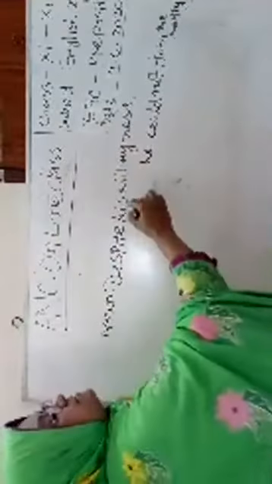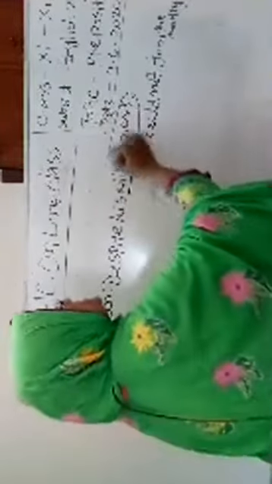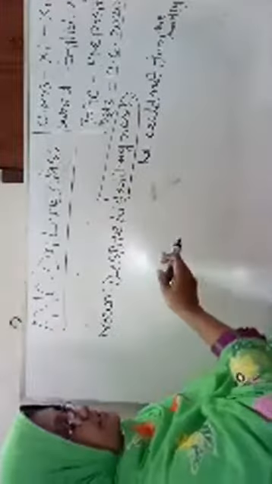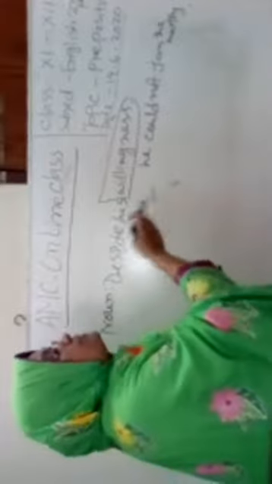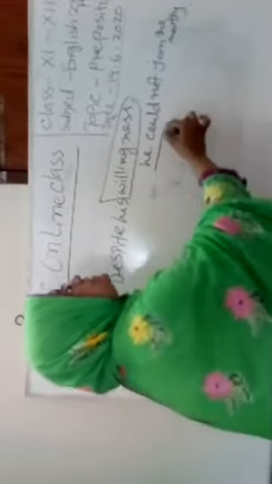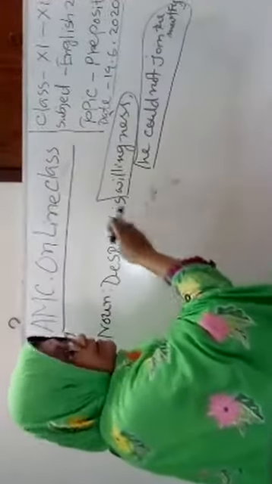In this, willingness is a noun, but in this sentence it works as a preposition, because we see this clause works as an object for it, so we can call it a preposition.